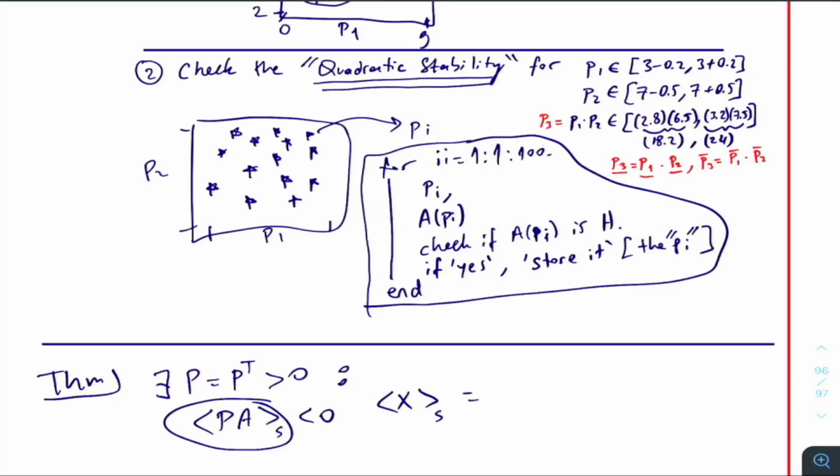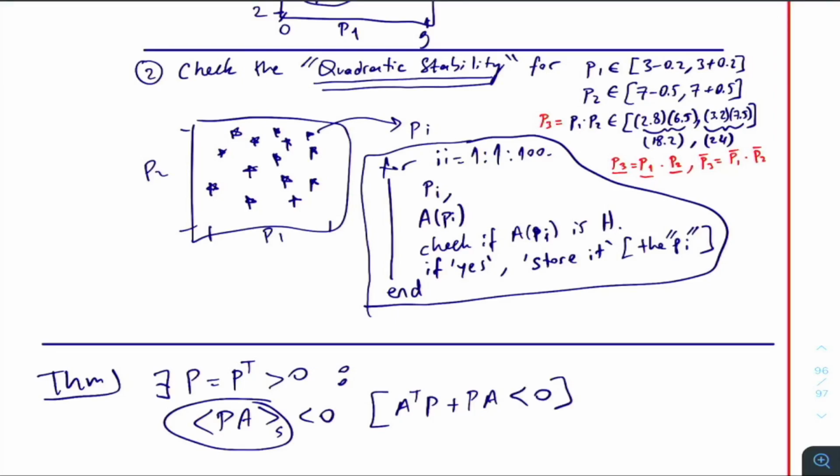This notation means X plus X transpose. Let me also give the form everybody is familiar with: A transpose P plus PA being negative.